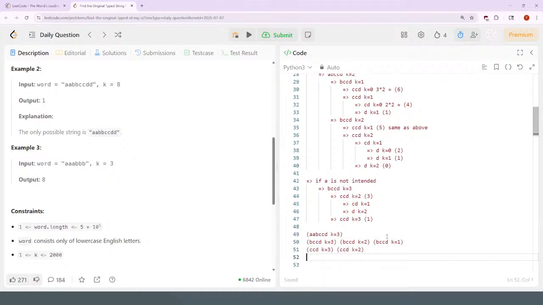And then the B, C, C, D, k equals 2 state transitions to C, C, D, k equals 1, or C, C, D, k equals 2. And then B, C, C, k equals 1 transitions to C, C, D, k equals 0, or C, C, D, k equals 1.